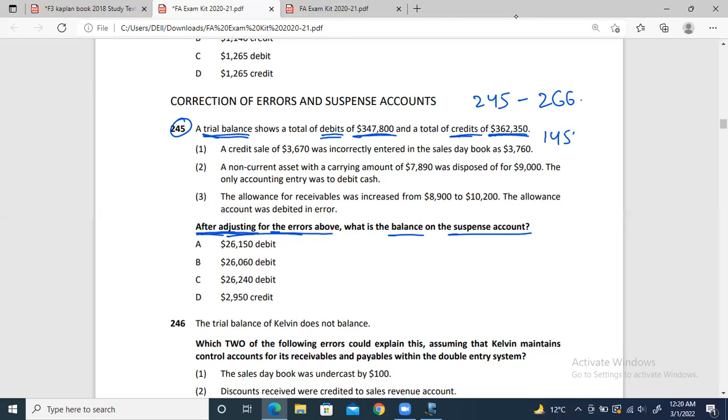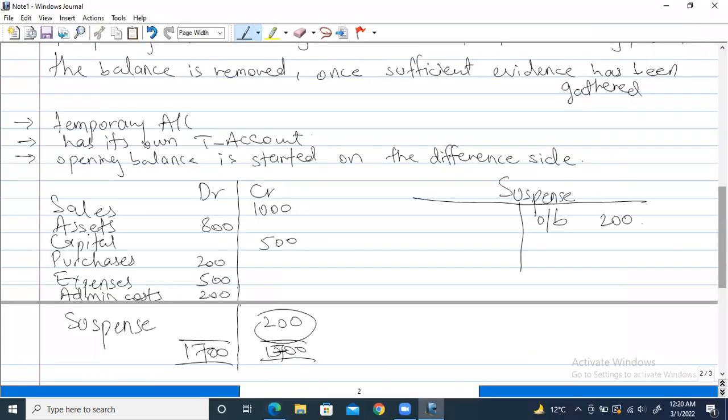This difference will come on which side? Debit side. Why debit side? Because this side is less. The side which is understated is the side that has the suspense account balance.